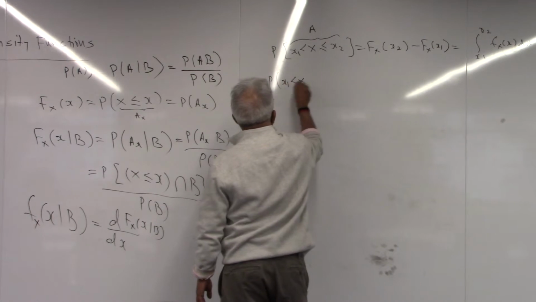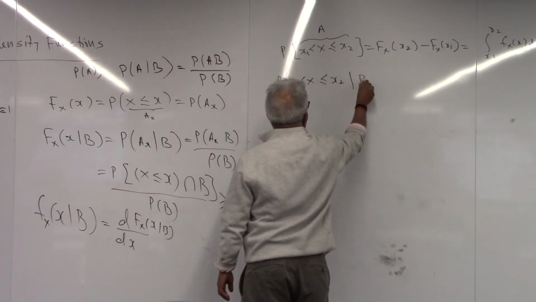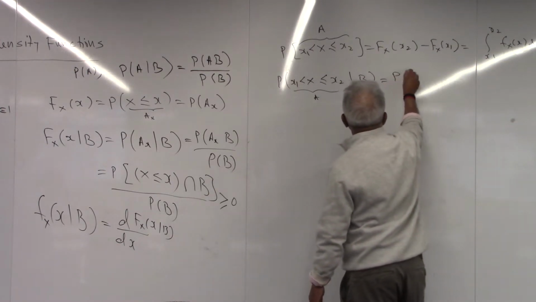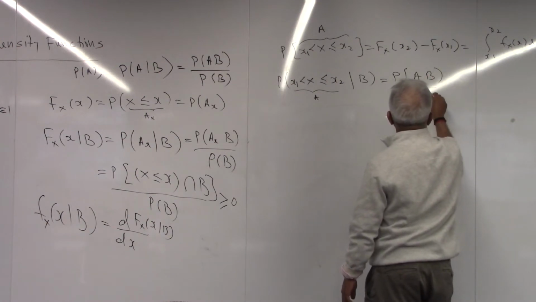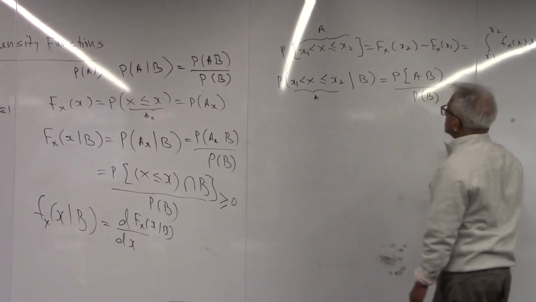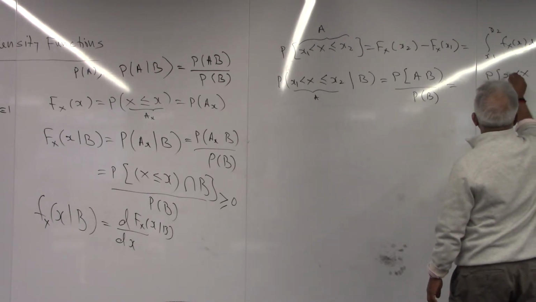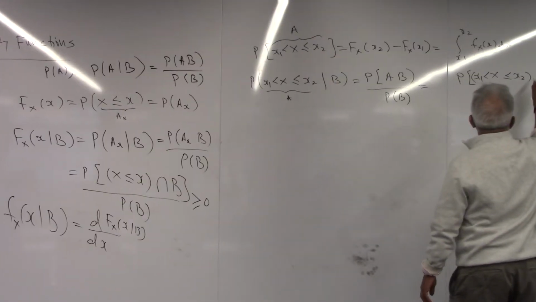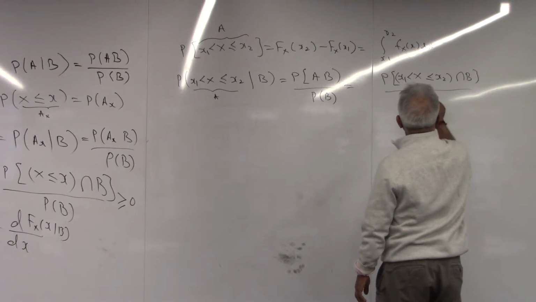What would be the conditional probability of this given B? If you treat this as A, this of course reads P(AB) over P(B). So this is probability of X greater than x1 and less than or equal to x2 intersection with B, over P(B).